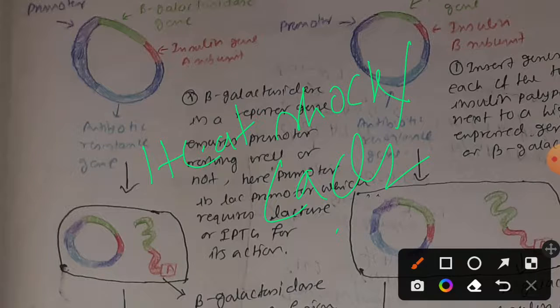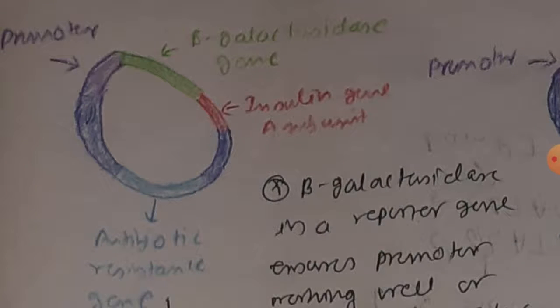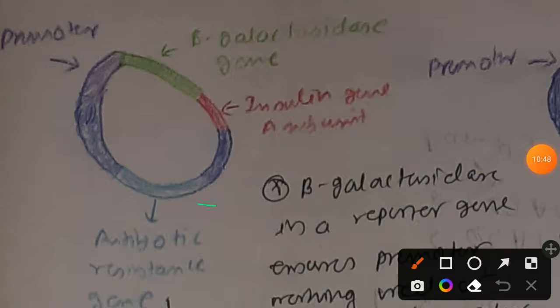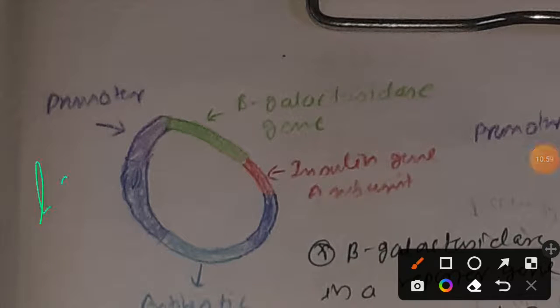After the transformation, we will select them with the help of the appropriate antibiotic resistance gene that we have incorporated. Also, in the culture system we have to add either lactose or IPTG.